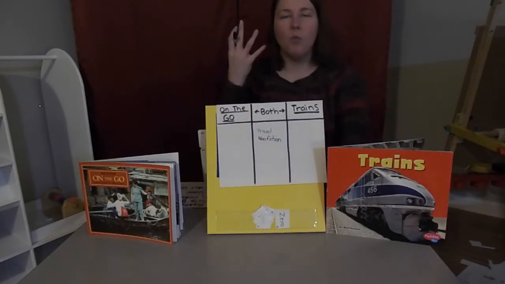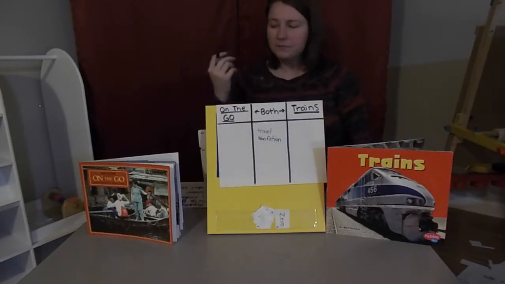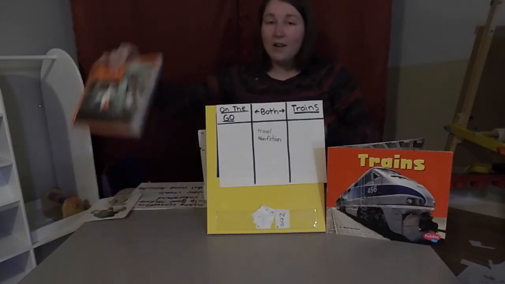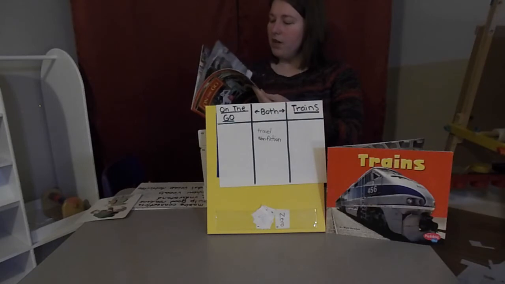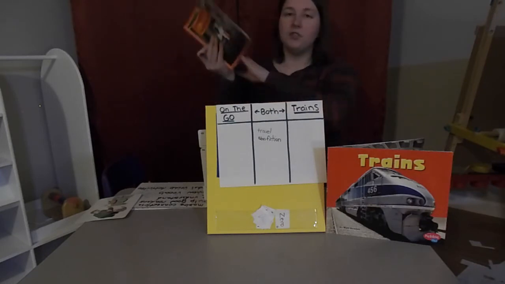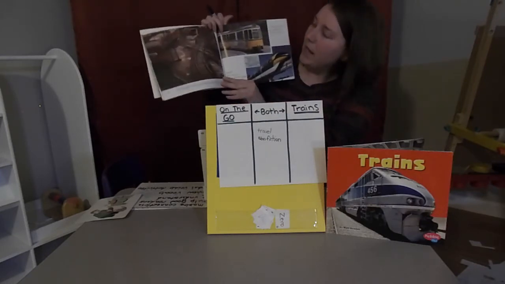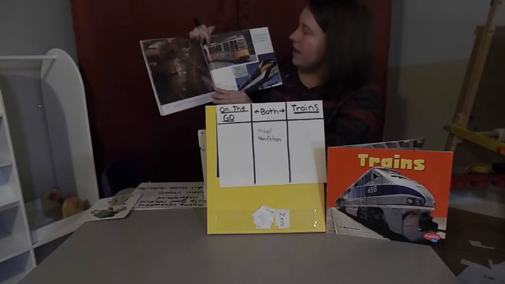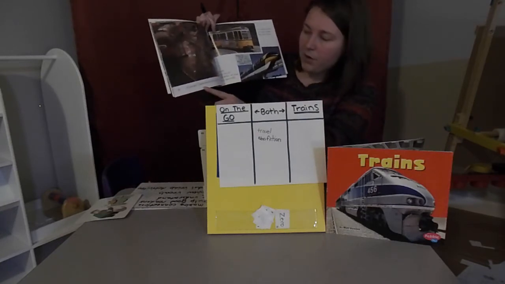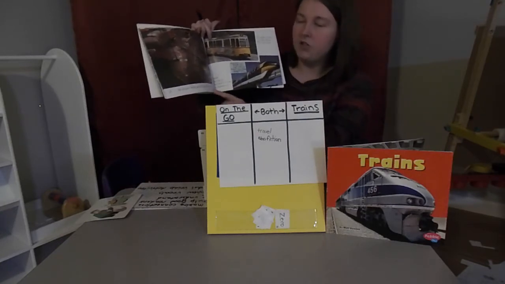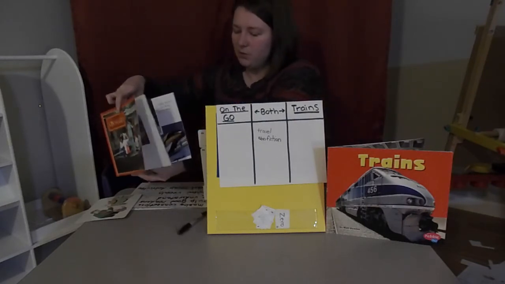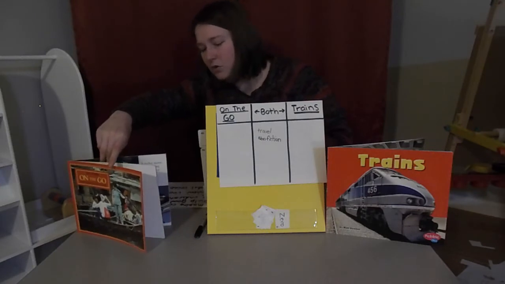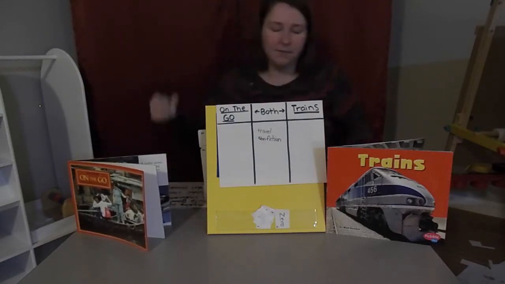Let me think about one more piece of information. Not only do they talk about traveling in both books, but in both books they mention types of trains. When I look at On the Go, it says, all aboard, trains switch from track to track. So in both books, whoops, trying to hold too many things at once, Miss Dempsey.